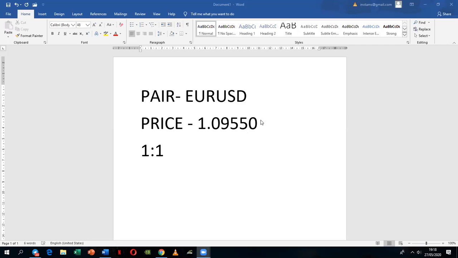So for some pairs, the way we calculate the number of pips is different. This is the most common, so let me begin with the regular pairs. The regular pairs will have 4 decimal points. This has 0955, so these are 4.